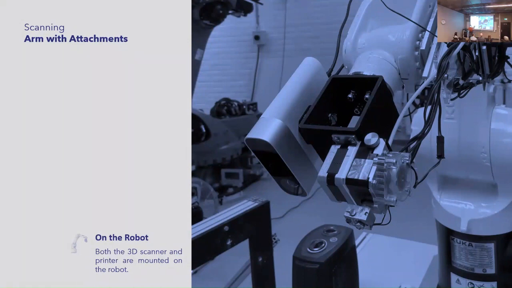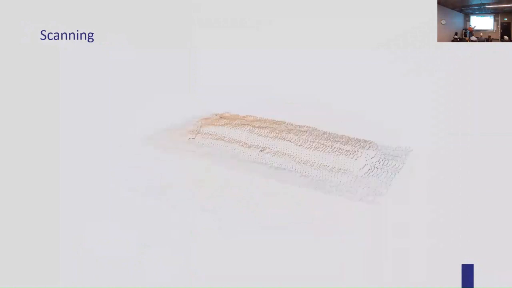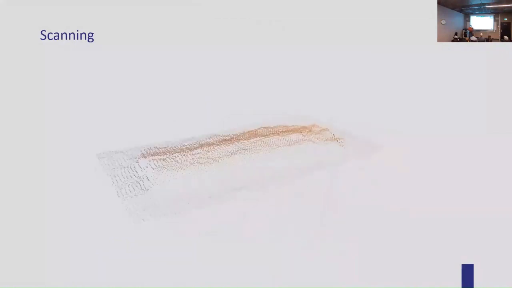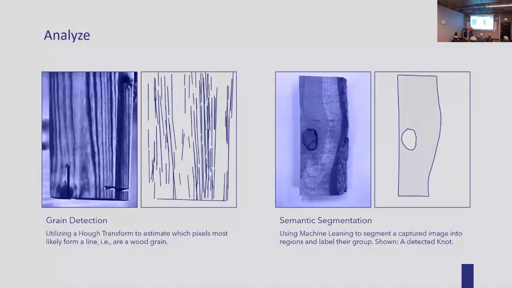And we have it on the same device because we really want to investigate if we can have this integrated workflow of putting a piece onto the table, the robot scans it, generates a path, and then prints this path. So from the scanning, we get these point clouds. And these we can then interpret into a mesh. And because we have color data as well, we can also interpret it as a colored mesh. And then we can analyze these objects with different algorithms.